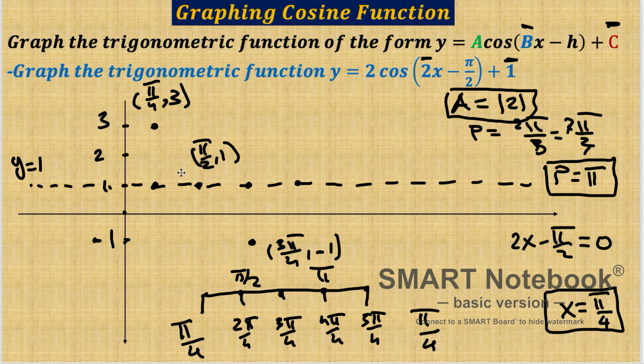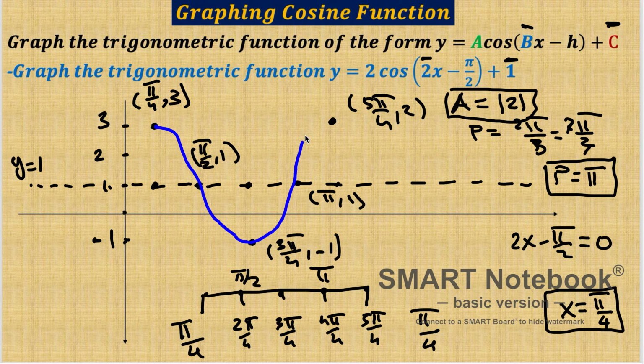The graph goes this way and crosses at this point, which is pi and 1. And the last point is 5 pi over 4, which ends at this point, 5 pi over 4 and 3. Now I'm just connecting those points. The graph of the function is going to look something like this. So this is one period of the function.